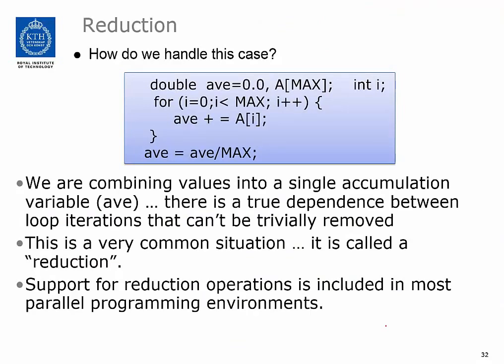What about this case then? This is a very, very common case. You have several values being combined into a single accumulation variable, AVE here. This is called a reduction. You reduce some values to a single scalar variable. It's so common that there is a particular construct in OpenMP to deal with it.